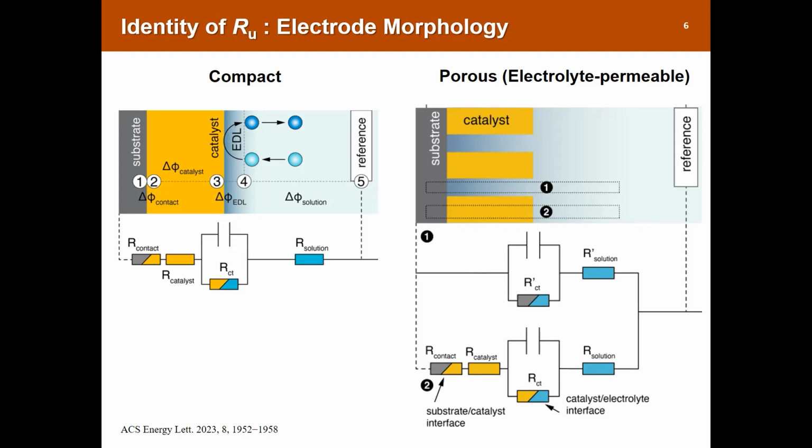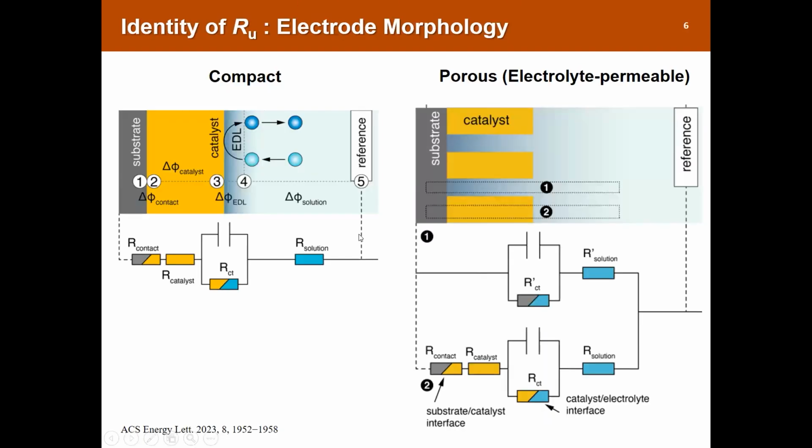Is that what you mean by ambiguous? It is. Yeah, this makes sense. Each system reflects different RU components. So depending on the electrode morphology, the meaning of the RU can change, even though we do the same analysis. It's good to know.